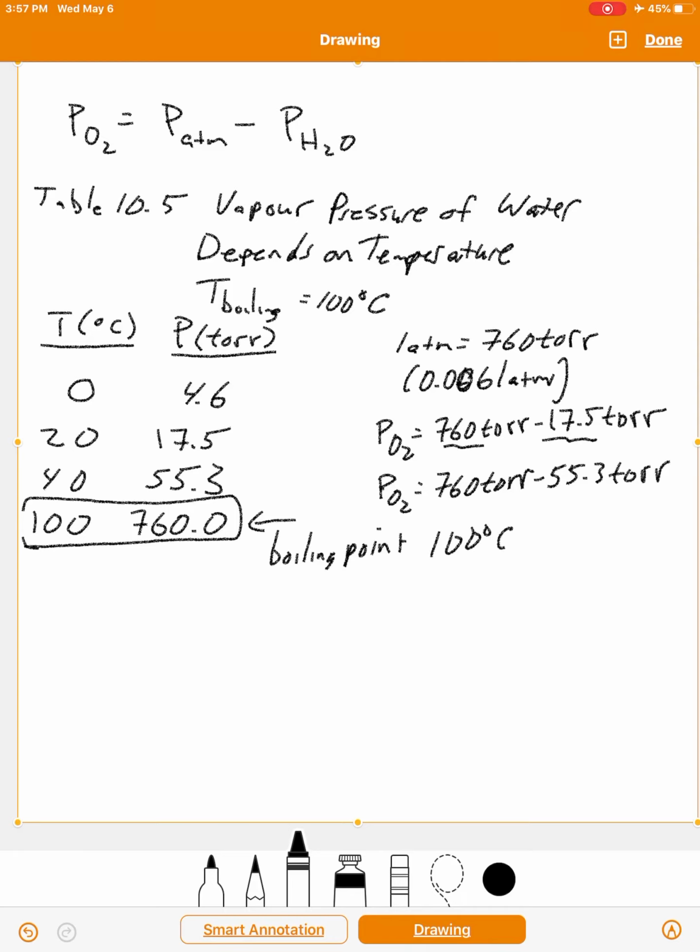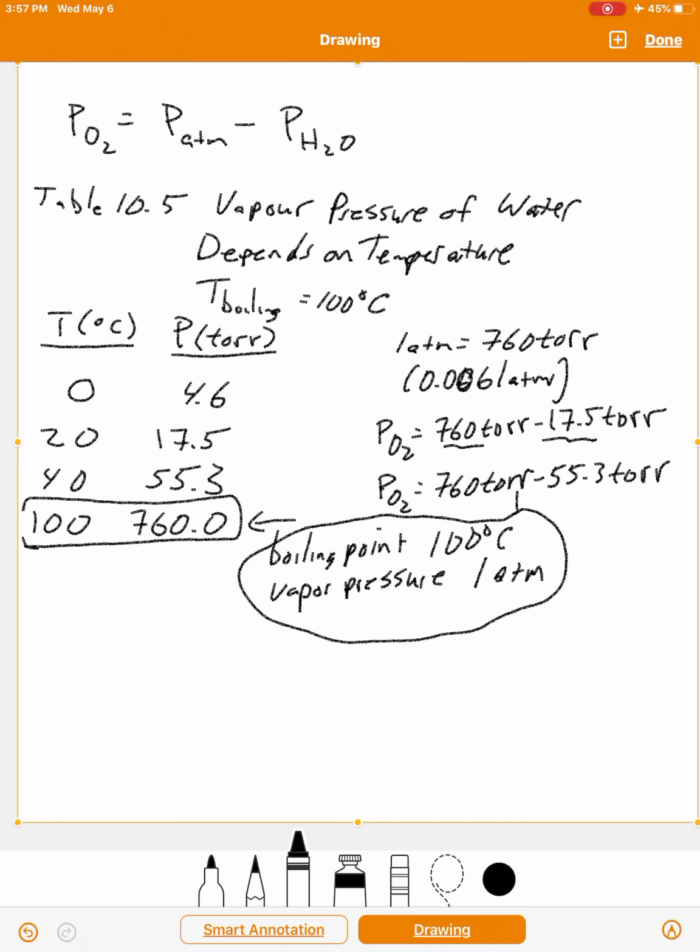So there you go. It's not really that important for us in this discussion, but it's an important point in general understanding, which is that when a liquid is at its boiling point, the vapor pressure of that liquid will reach such a value that it's equal to the pressure of the atmosphere. Okay? So this is section 10.5.